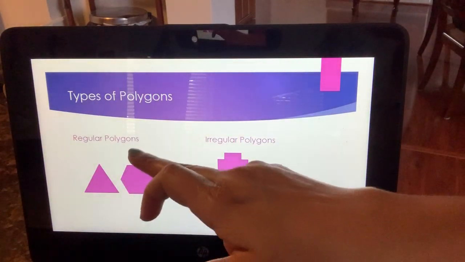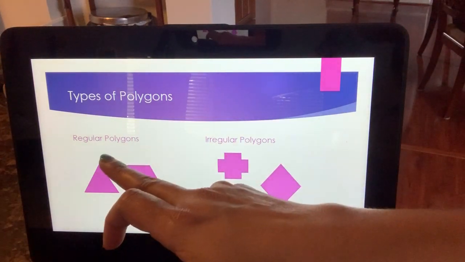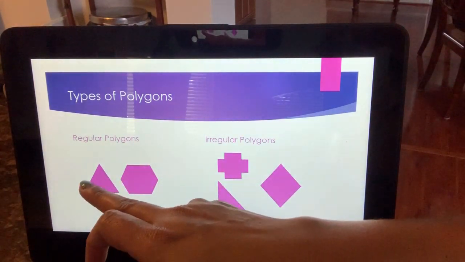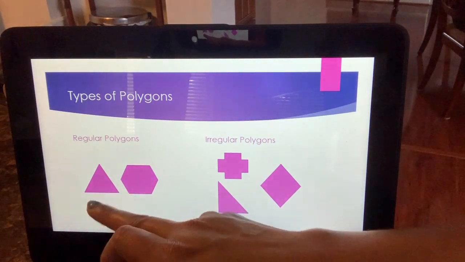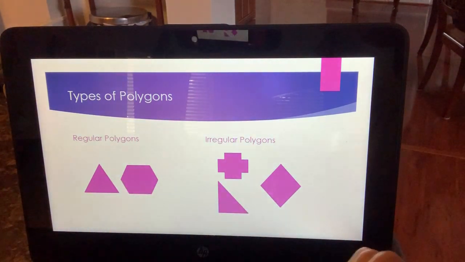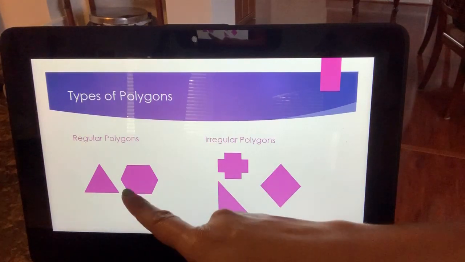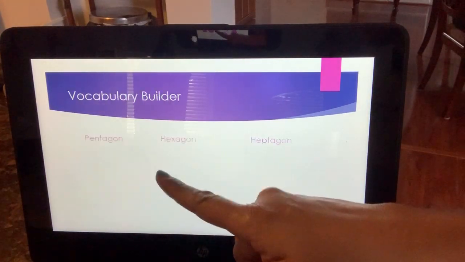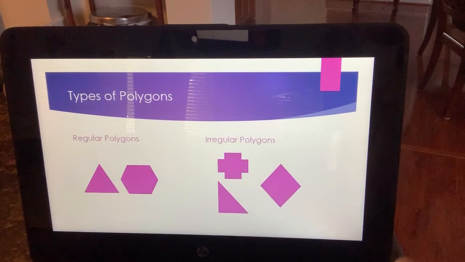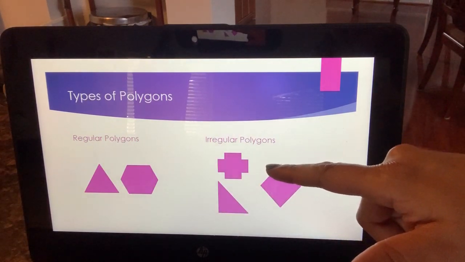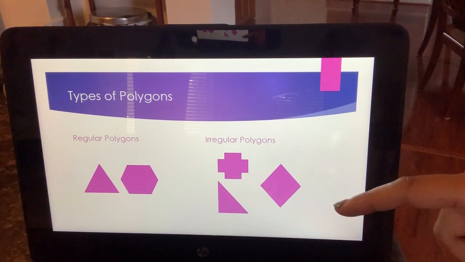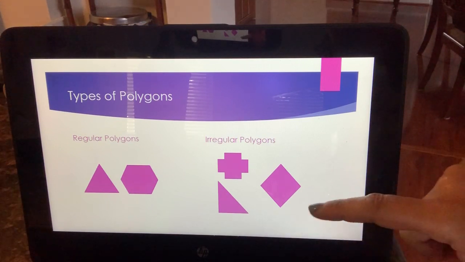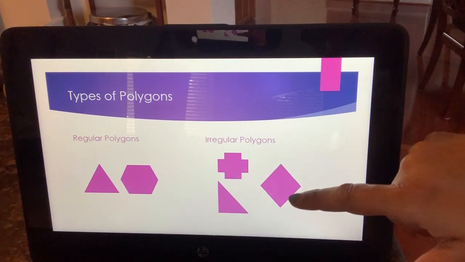Now, these are our two types of polygons. We have regular, and like I told you before, the sides have to be equal, congruent, and the angles have to be congruent. Here, your angles and your sides are all the same, okay? Here, irregular polygons either don't have congruent sides, or don't have congruent angles. Look at this rhombus, for example.